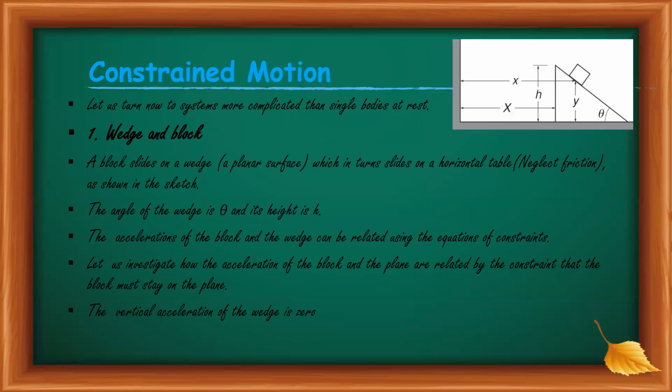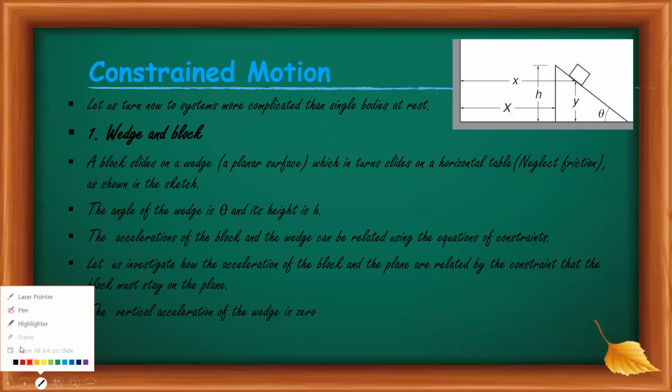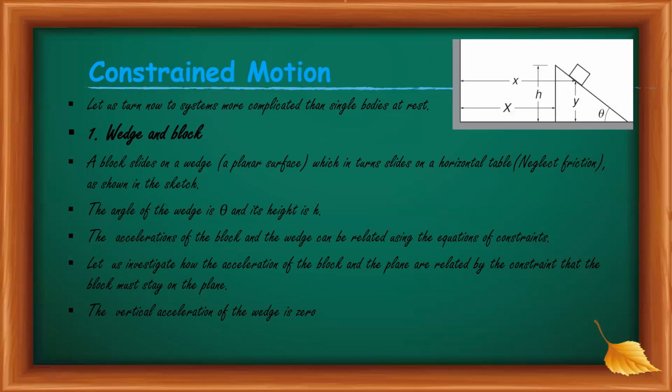As there is no vertical movement for the wedge, the vertical acceleration of the wedge is 0. Here the wedge is moving in this x direction, and there is no movement along the y direction.